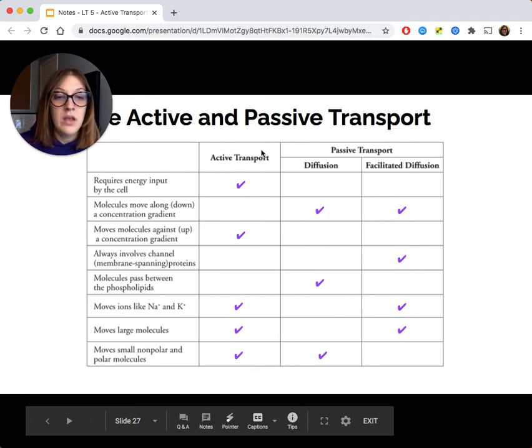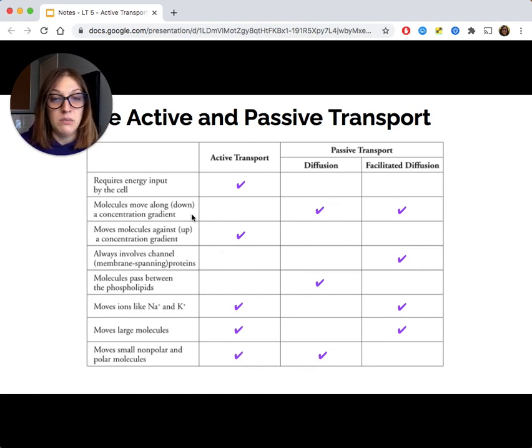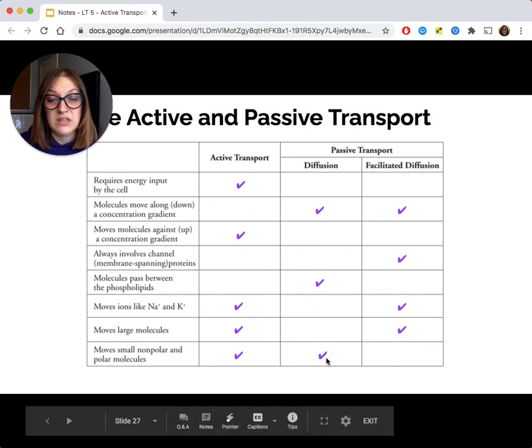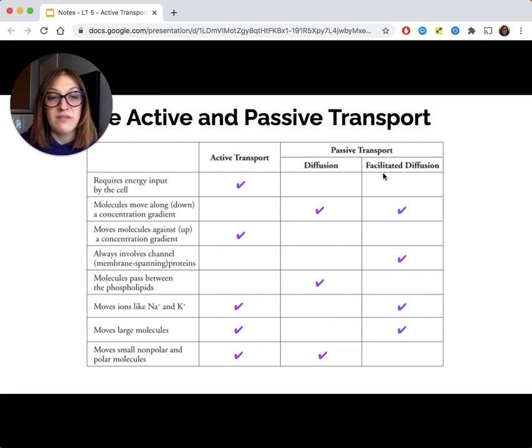Diffusion is pretty simple. It moves molecules down the gradient. Molecules can pass between the phospholipids, and because of that, it moves small nonpolar and polar molecules. Facilitated diffusion, this is the addition. It's, again, passive transport, so no energy required, but now it's being facilitated or assisted by a protein channel.